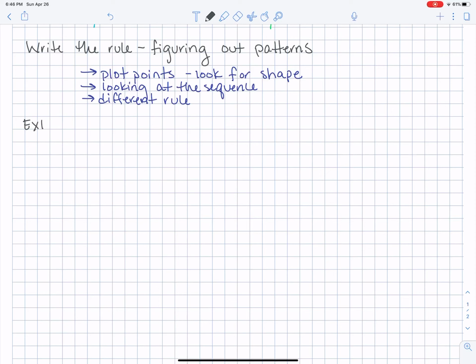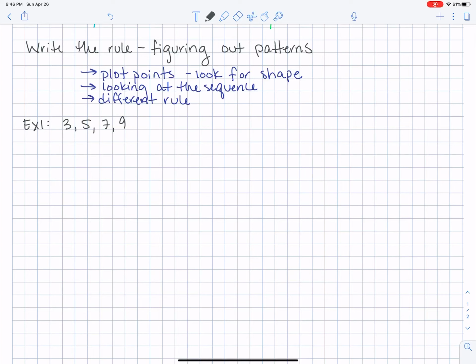Example 1. The sequence that I'm going to start with is 3, 5, 7, and 9. It's always good to note that sometimes there are different rules for these sequences when you're only given a certain amount. But we can start looking at this one.